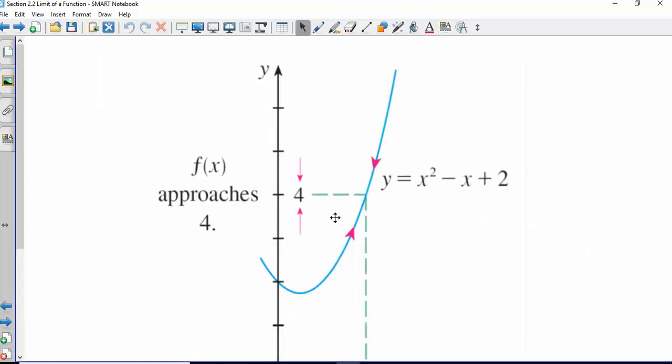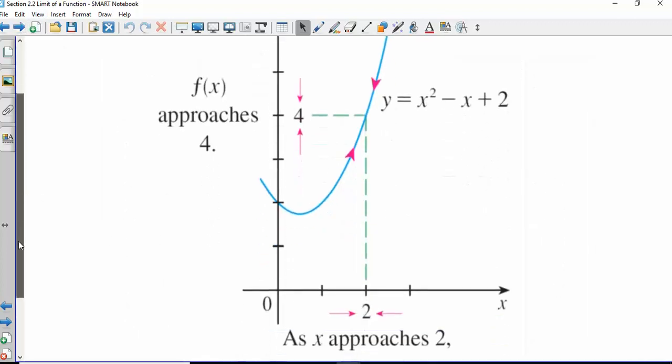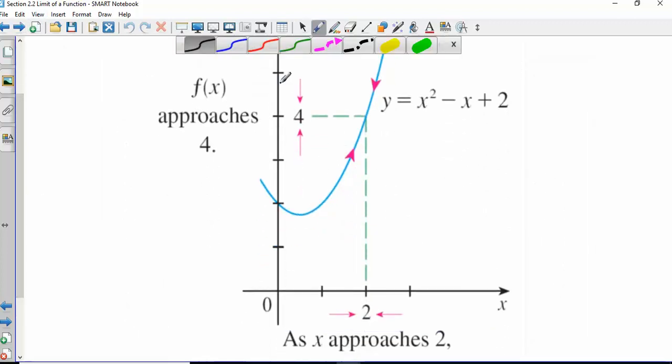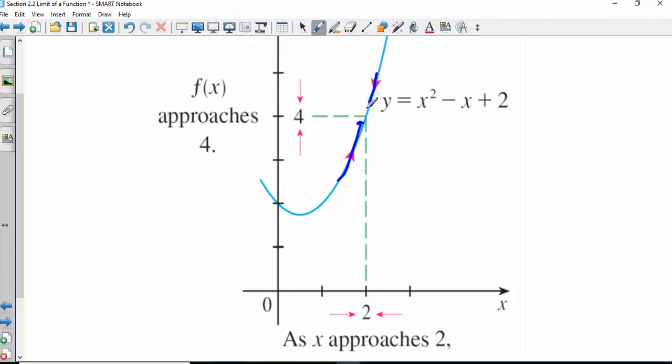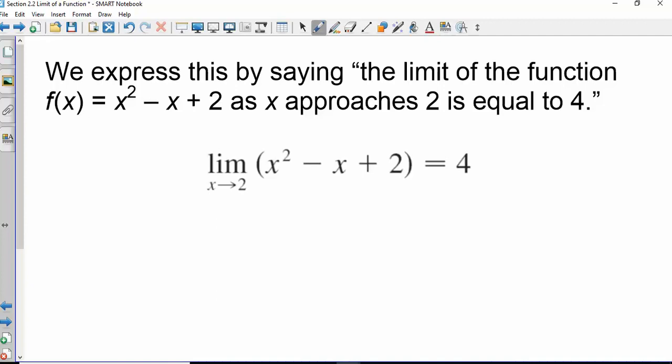In terms of a graph, we were looking at this function, and as you're traveling along this graph, as your x is getting closer to 2, my y value is getting closer to 4. And that's what's happening there. So this is what is called a limit.